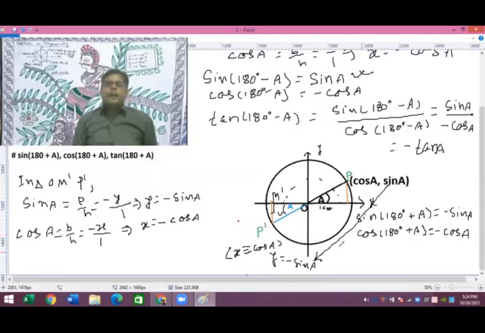Alright, and what about tan 180 degrees plus A? Here you can see that tan is the ratio of sine and cosine.